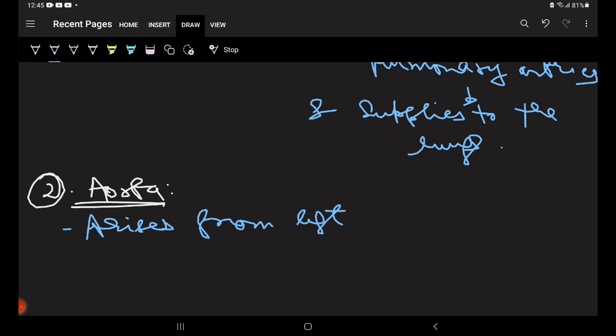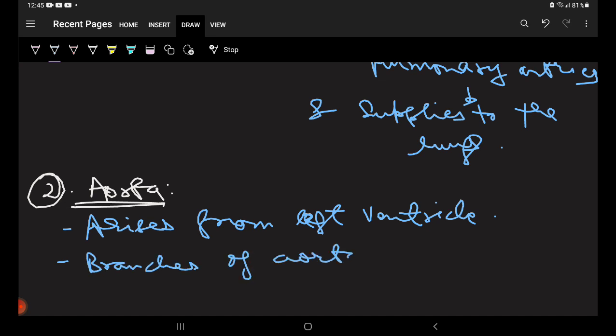Next is regarding the branches of the aorta. We will discuss these in detail in another lecture on the aorta, but now I will give you a brief summary of the branches.